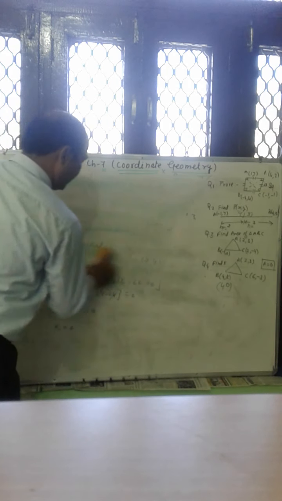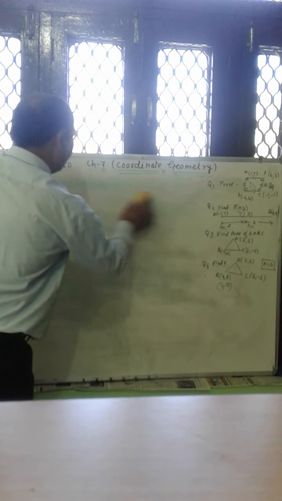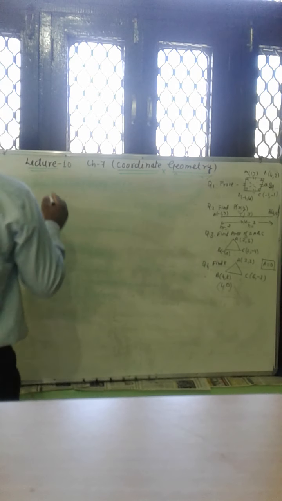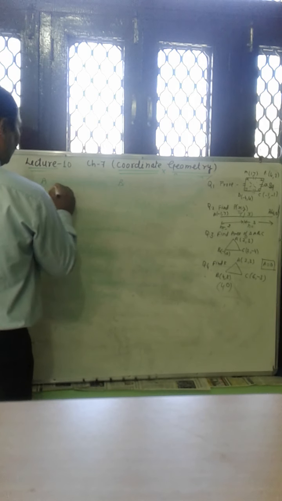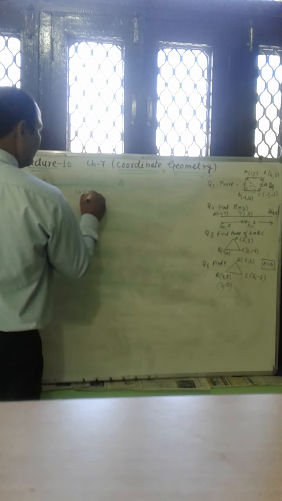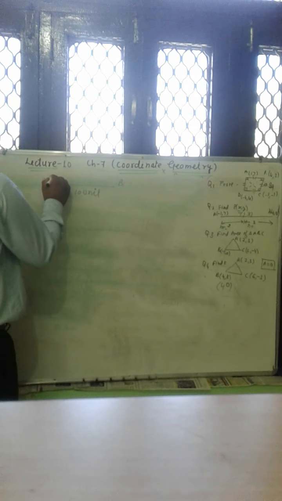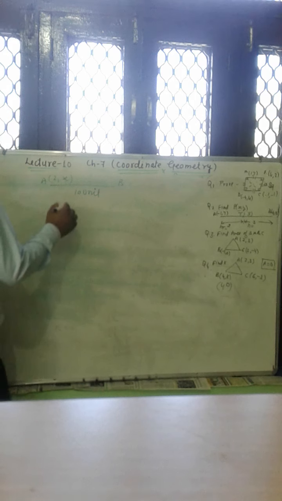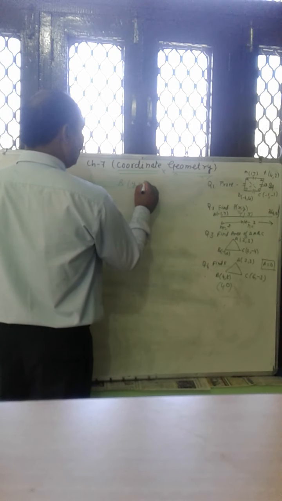One more example we take here. Suppose this point is A, this point is B. The distance of AB is 10 units, and the coordinate of A is 2 comma x, and the coordinate of B is y comma 5.